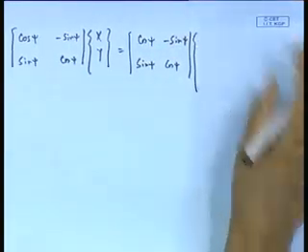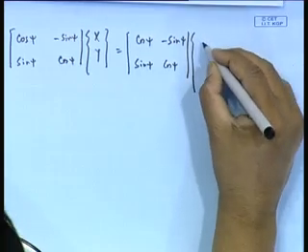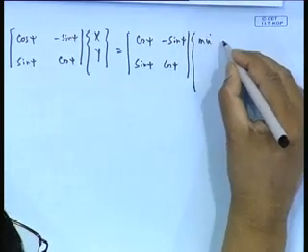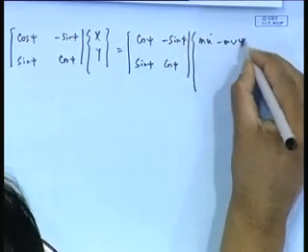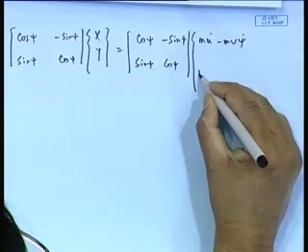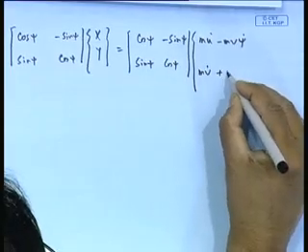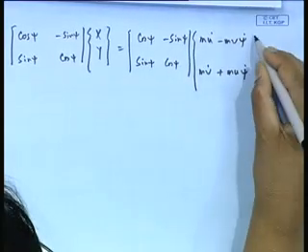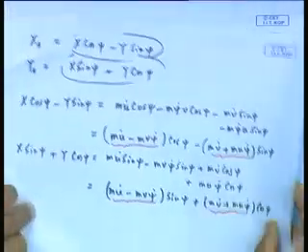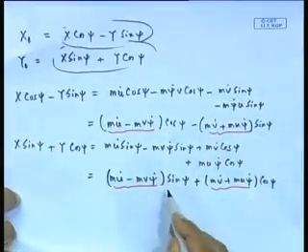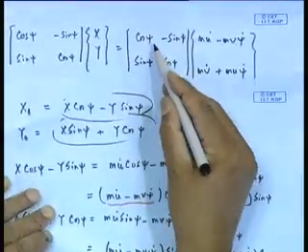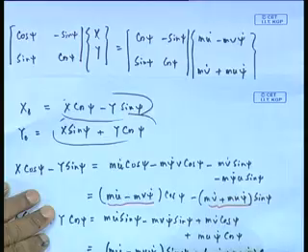Here it is, you end up getting m u dot minus m v psi dot and m v dot plus m u psi dot. You see here cos psi sin psi cos psi, what I wrote here, and this term the same thing.